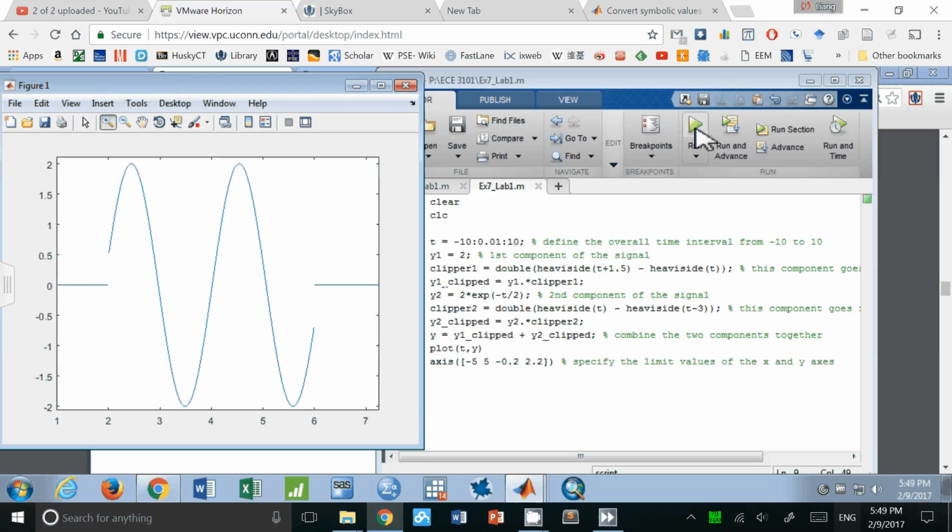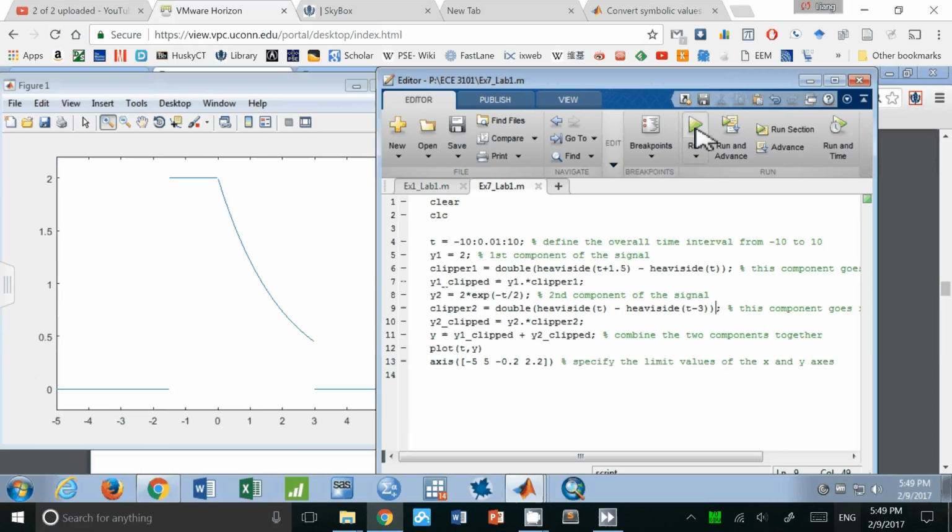So I click on run, and this is what happens. This is the resulting signal, and you can again, as I mentioned, compare the shape of the signal with the one in the textbook. Okay? Example 1.4, and you see what we're trying to accomplish here.